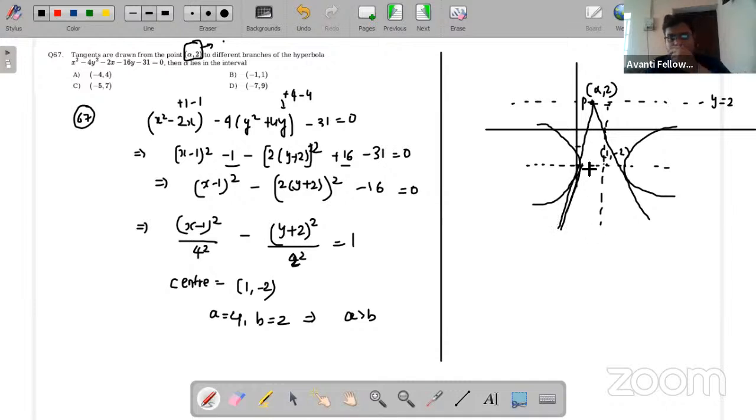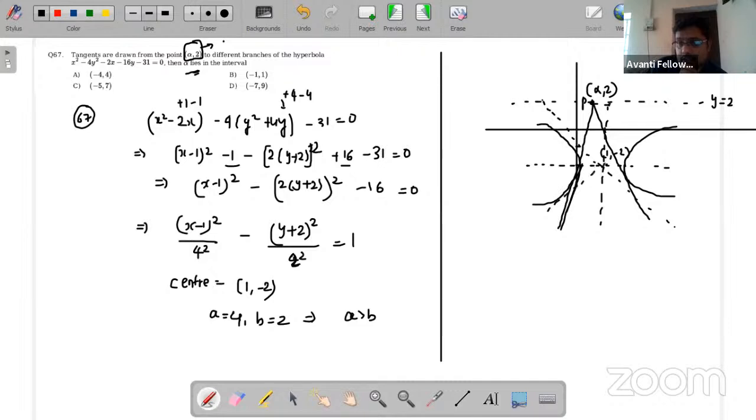Okay. Now we have to find what is the range of alpha. So from this point, if I draw tangents, then I can find the asymptotes of this hyperbola.